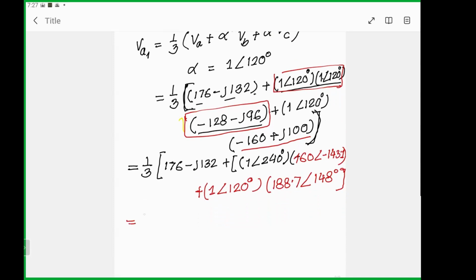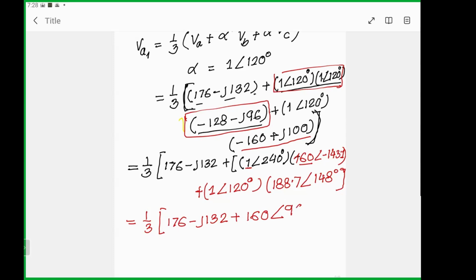So it would be 1/3, we'll write down again. Then it would be 176 minus J132, plus we multiply this quantity with this quantity, that will give 160. And then what is the angle? It is 240 minus 143, which would be 96.9.